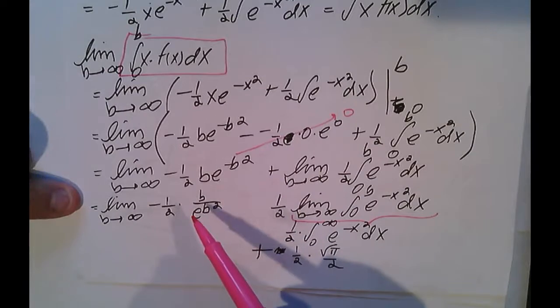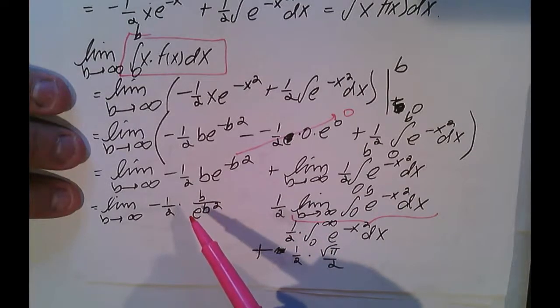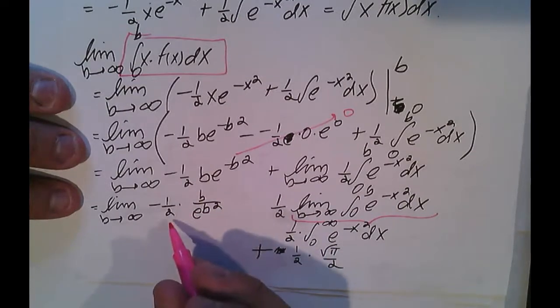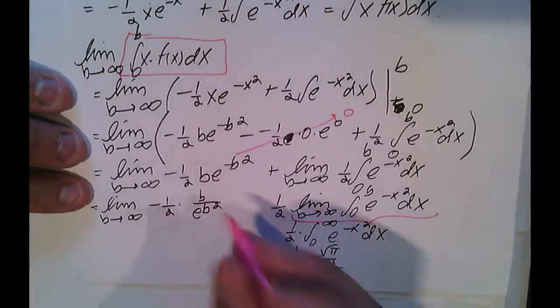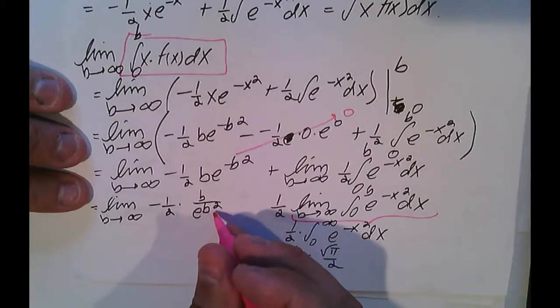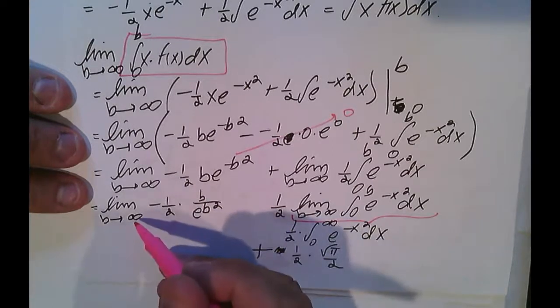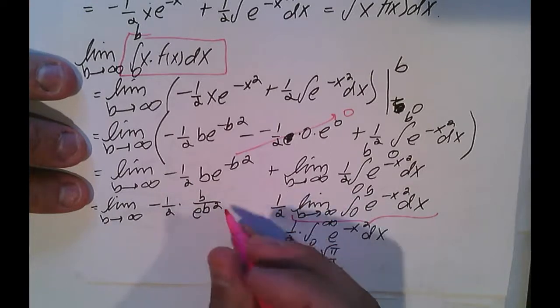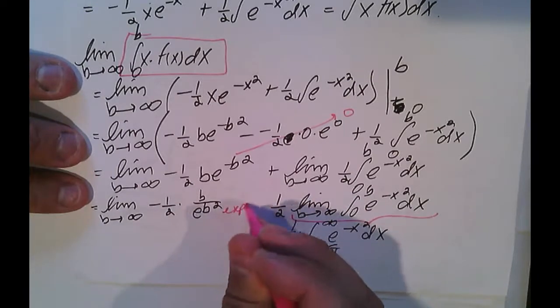What's the limit as b approaches infinity now? Well, the negative 1/2 is a constant. That's not going to change. You have b in the numerator. You have e to the b squared in the denominator. B is approaching infinity. What happens here?